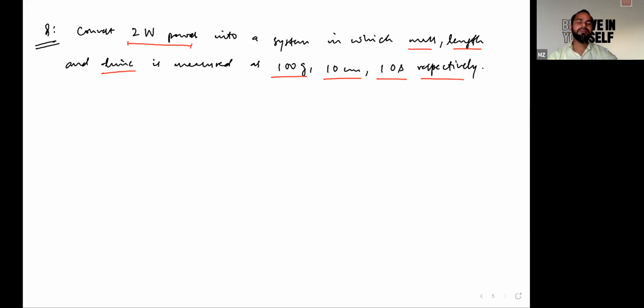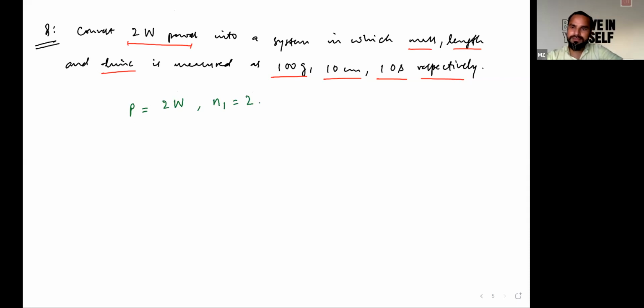What does this actually mean? Initially, we are given power equal to 2 watt. So we have 2 as the numerical value. So we can write N1 is equal to 2.